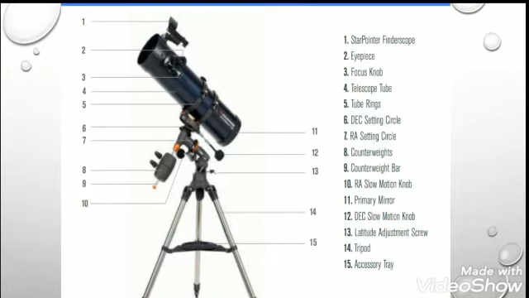Then we can also use the Barlow lens to magnify the image more, or we can use the 4 mm, 9 mm or 10 mm eyepiece. The second point is the eyepiece, and the third point is the focus knob, by rotating which anti-clockwise or clockwise, we can make our object clear.